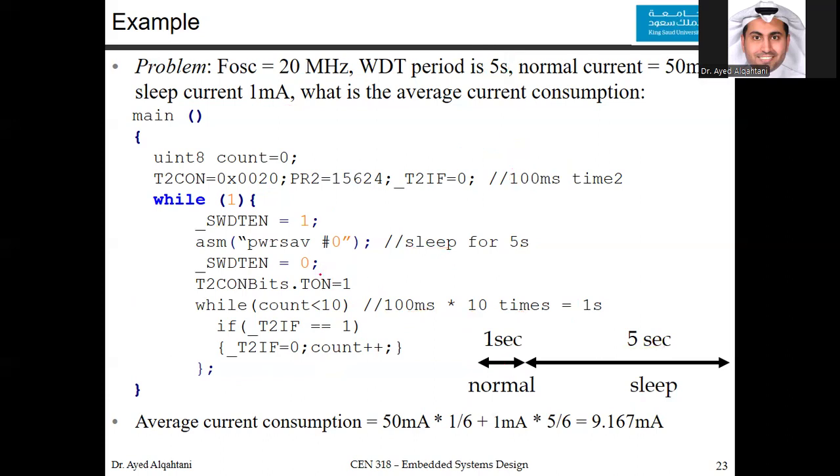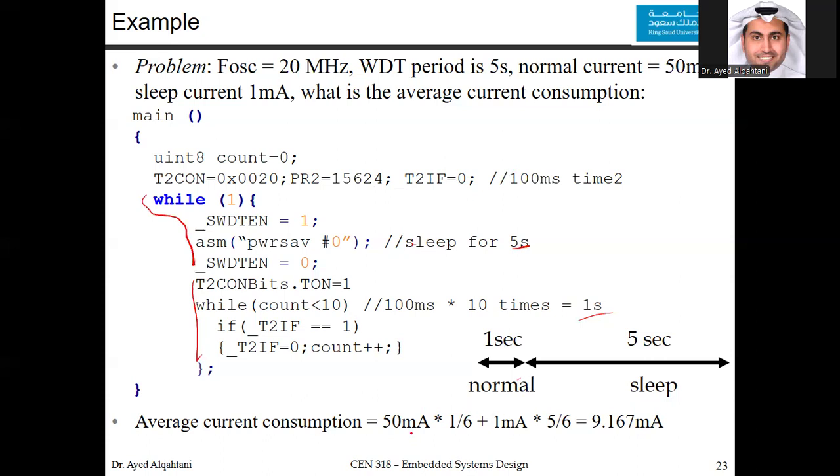Each time you enter the while, you will be in the sleep for 5 seconds, and then in the normal for 1 second. 1 second normal, 5 seconds sleep. Now we know the breakdown of the program. It only has normal and sleep modes, no idle and no doze. If there is idle and doze, you need to account for them.